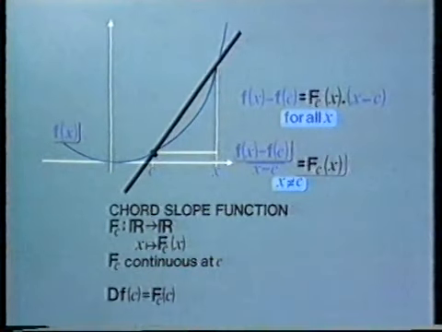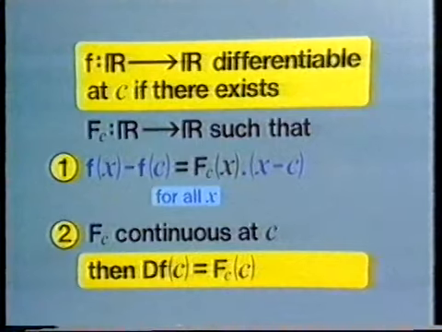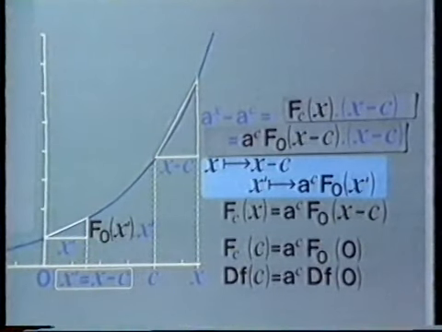So we've looked in detail at several things in this program, so I'll summarize them. First of all, we used the chord slope function to obtain a definition of differentiability. And then we used this definition to look at the derivatives for two functions. The first, x squared, was very straightforward. And for the second, the exponential function a to the x, we used a geometrical argument to show that its derived function was just the function itself times the value of the derivative at 0.